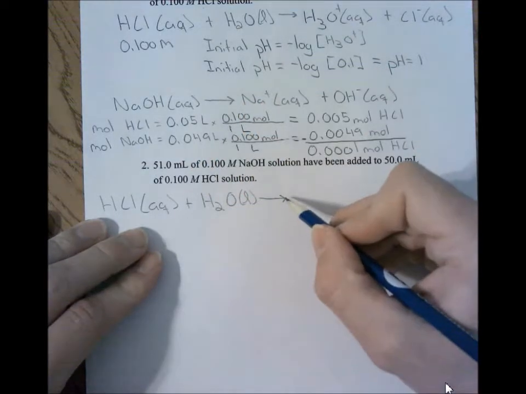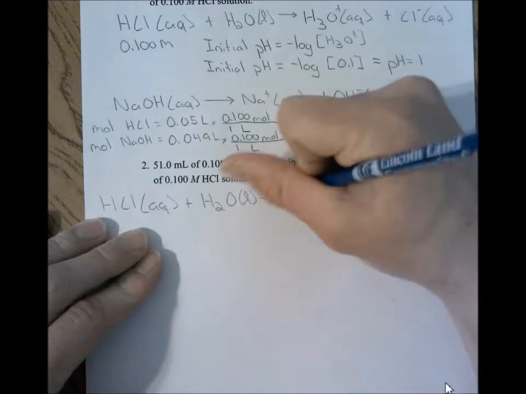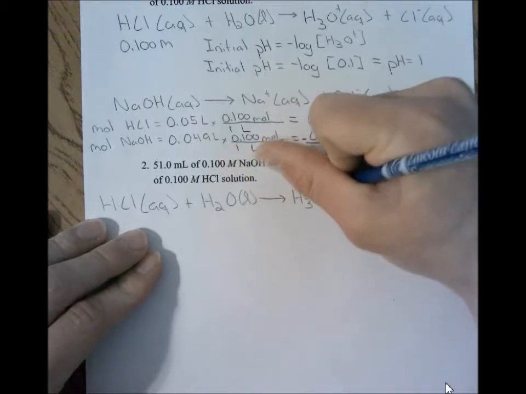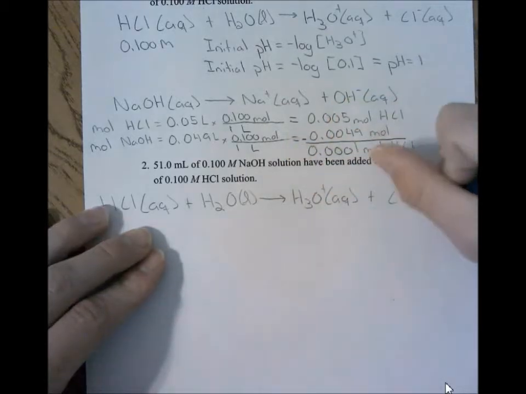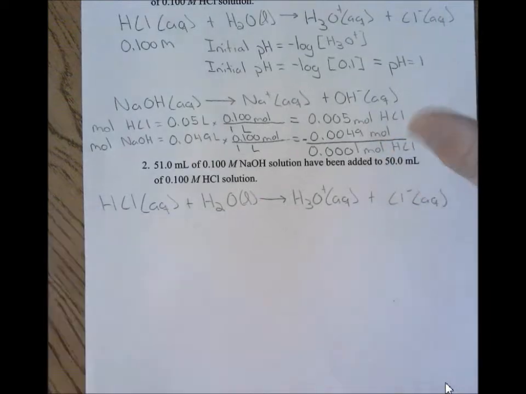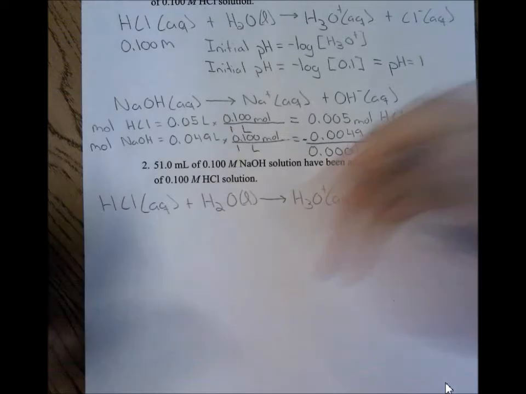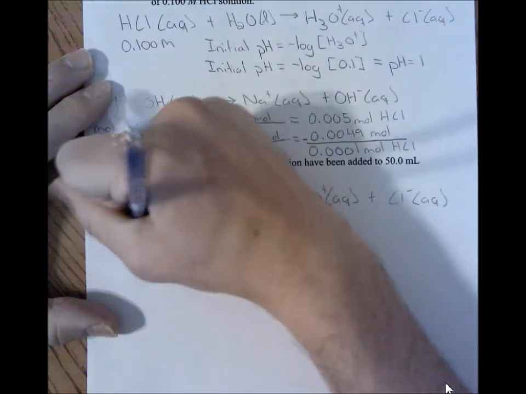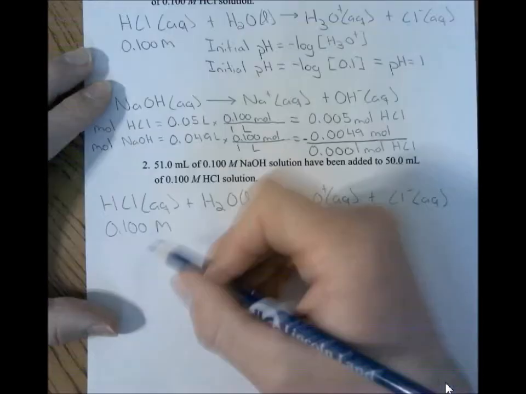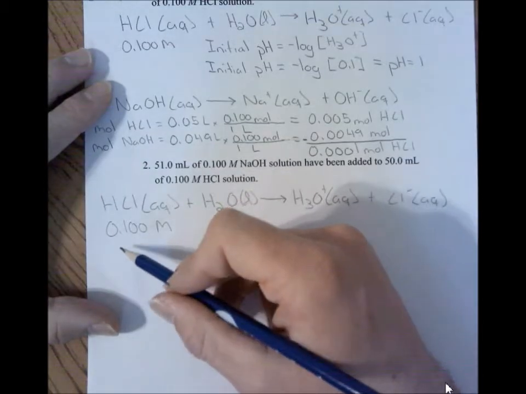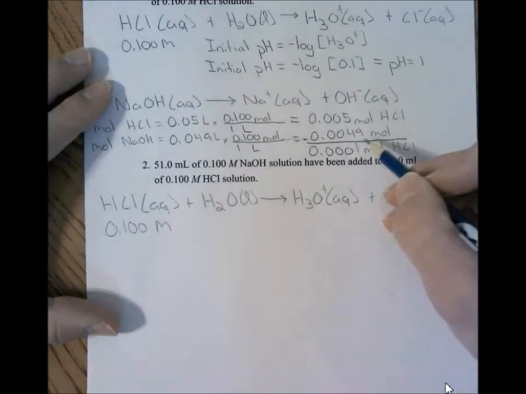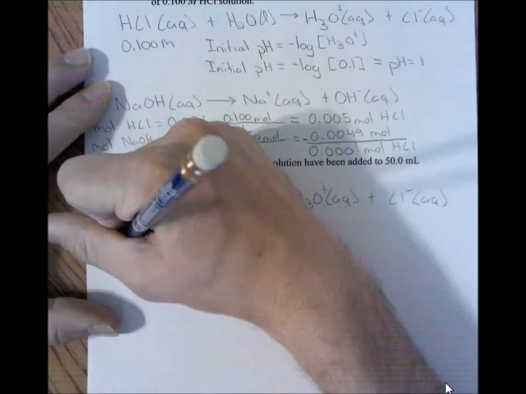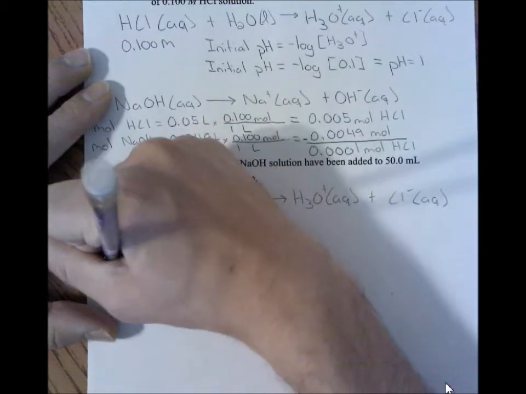So we have just one reaction arrow going left to right, and so we form H3O plus and Cl minus. Now, from what we calculated up above, we started out here with our 0.1 molar, which was helpful, but more importantly, originally we start out with 0.005 moles of HCl.